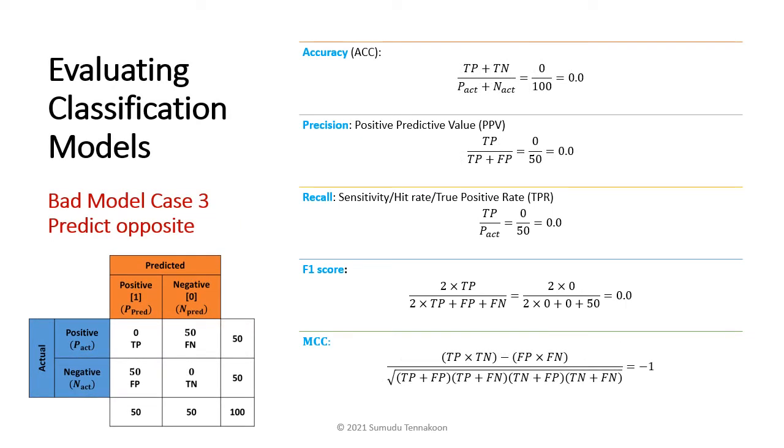Now let's look at some interesting example of bad model performance. This model predicts the opposite. If you send an actual positive, the model will tell you it's negative as a prediction. If you send an actual negative, the model will tell you that is positive. This could simply be something changed from the design, right?